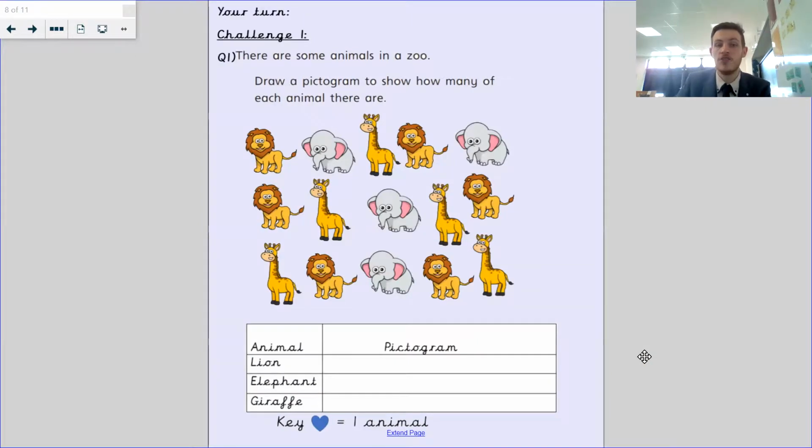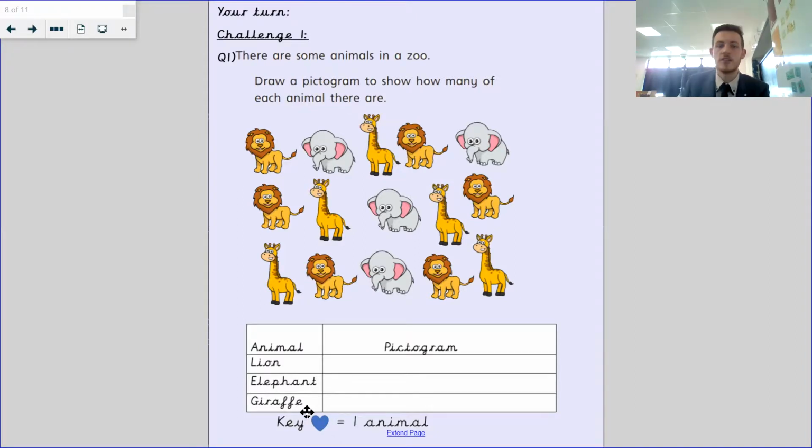Right. It's now your turn. This is your challenge 1. There are some animals in a zoo. I'm going to ask you to draw the pictogram to show how many of each animal there are. So there are lions, there are elephants, and there are giraffes. And you need to make your pictogram using a heart as your key.